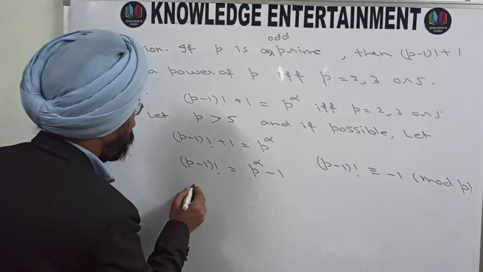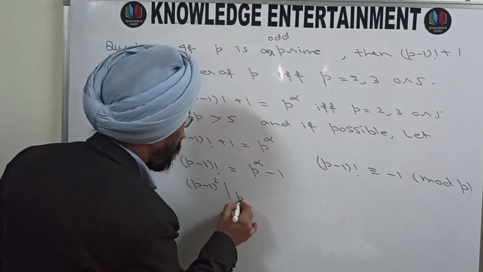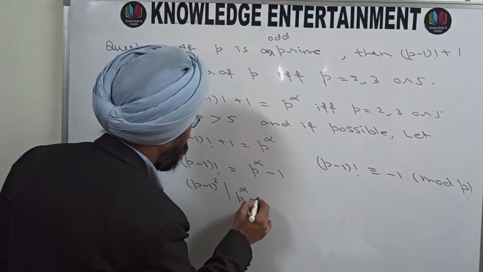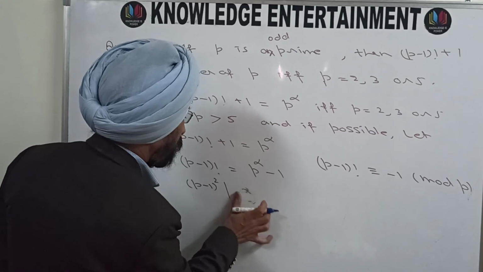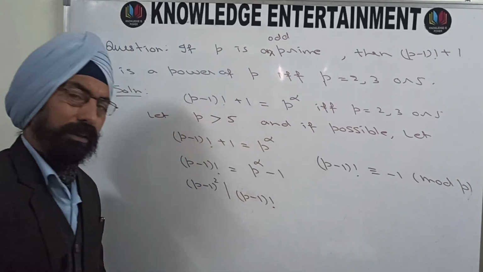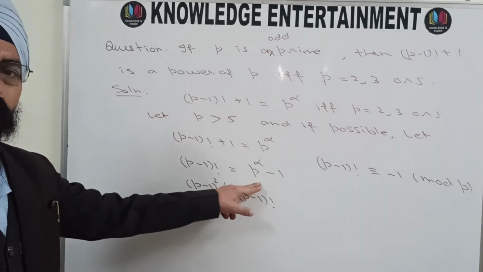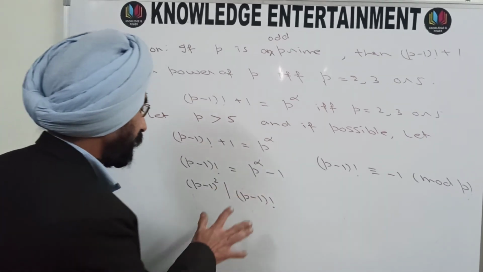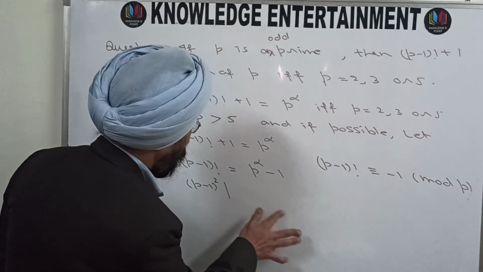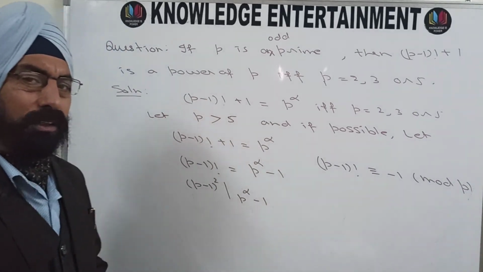P minus 1 whole square divides P raised to the power alpha, which divides P minus 1 factorial. But what is P minus 1 factorial equal to? P raised to the power alpha minus 1. Substitute it here. So P minus 1 square divides P raised to the power alpha minus 1.